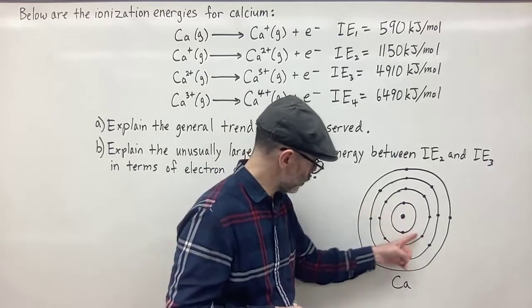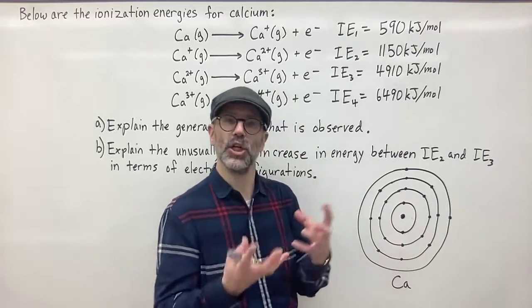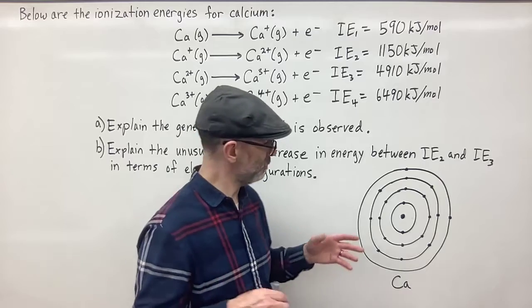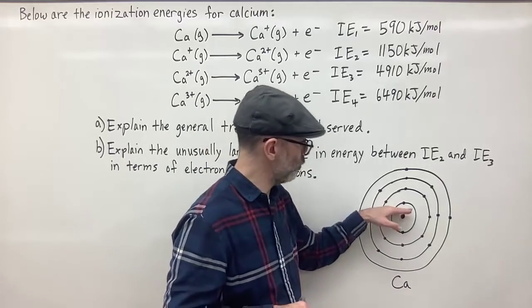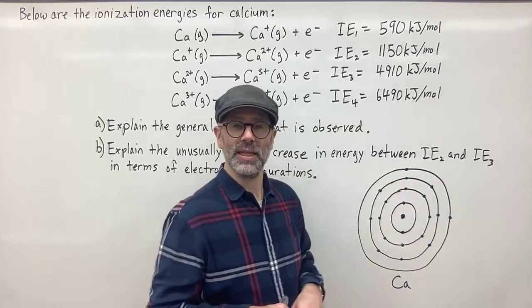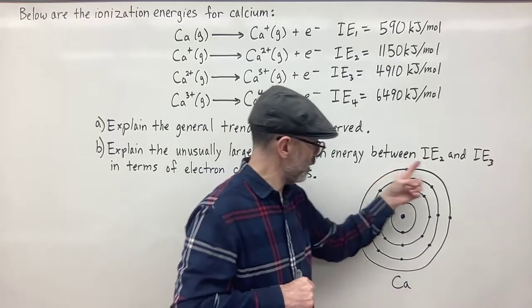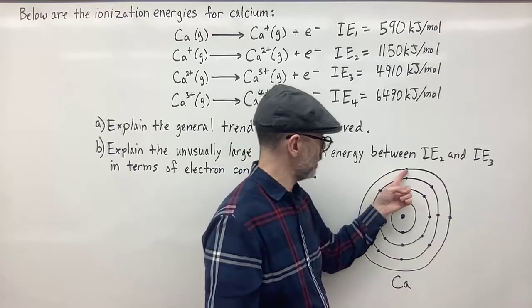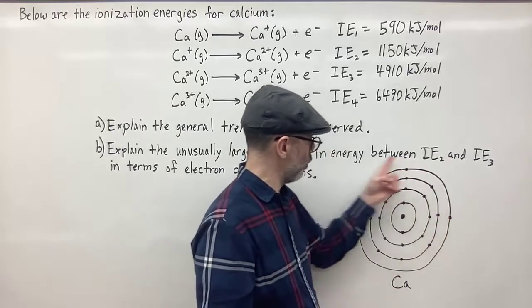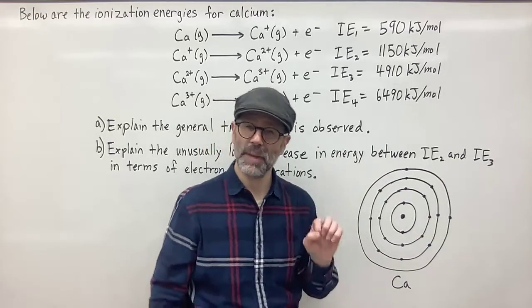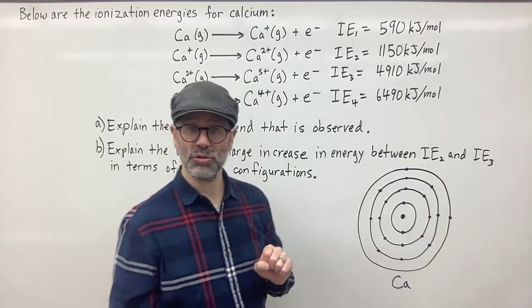So the electrons closest to the nucleus are going to feel a greater force of attraction because of Coulomb's law. The farther you get away from the nucleus, the weaker that attractive force is. So based on that, we would expect the electrons in the outermost shell to feel the least amount of force by the nucleus.